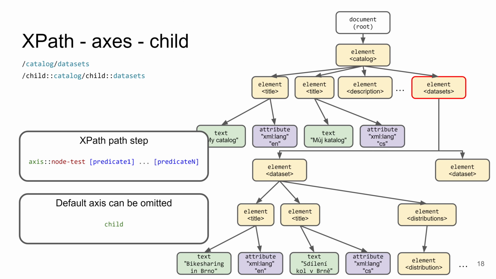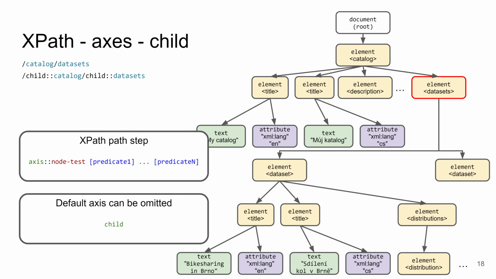And now you may wonder what is the thing before the double colon. The thing before the double colon is called an axis. And there are many axes in XPath, and the one that we have got to know so far is the child axis, which means that it will apply the node test, which is the second part of the path, to all the children of the current node.